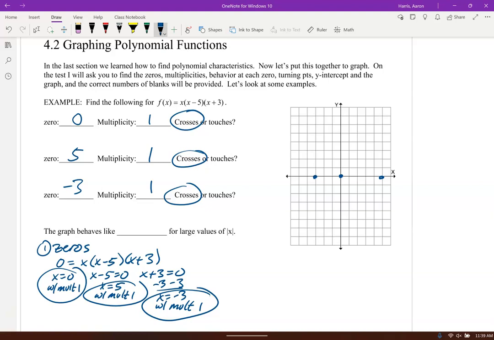Now, what does this thing behave like? What's the power function it behaves like? Well, we didn't multiply it all out, but we could. It wouldn't be too bad to multiply this all out.